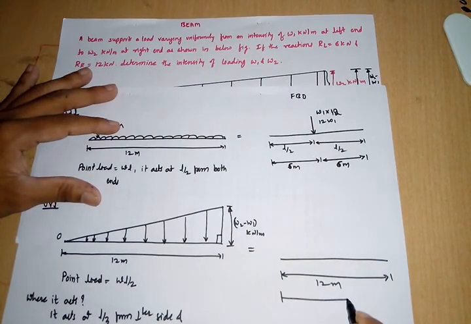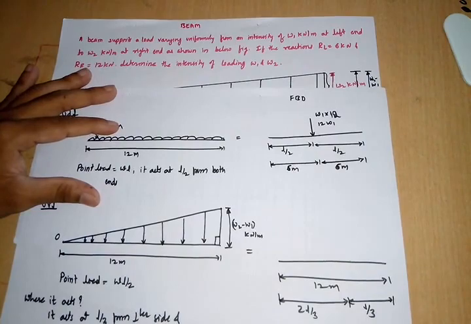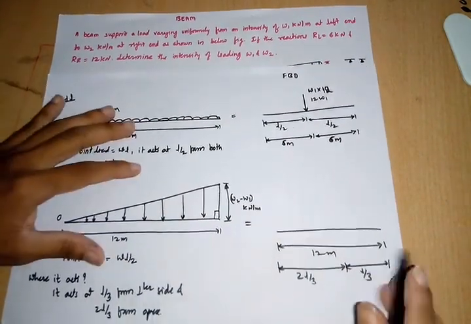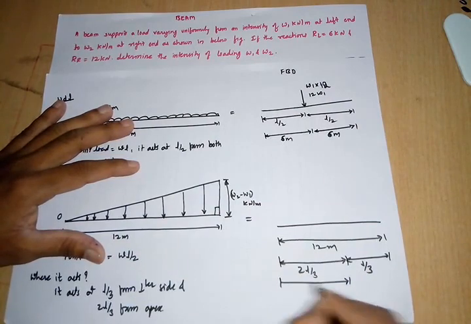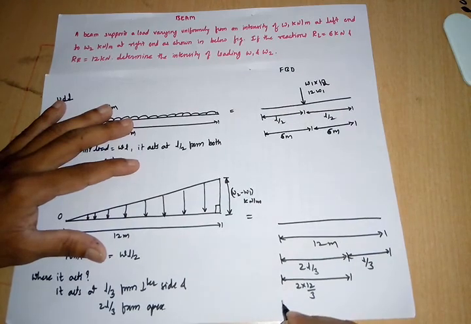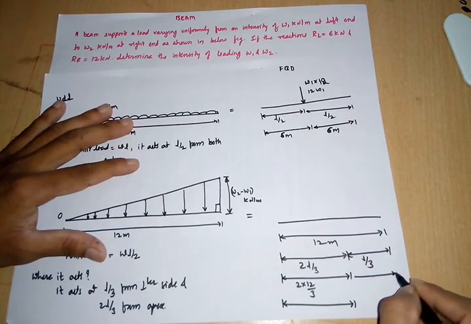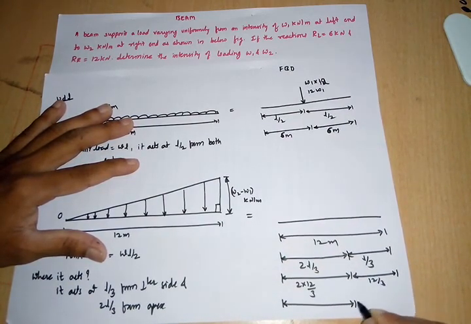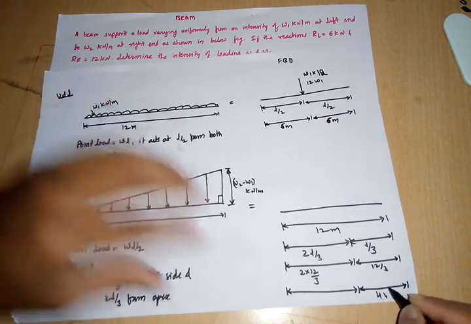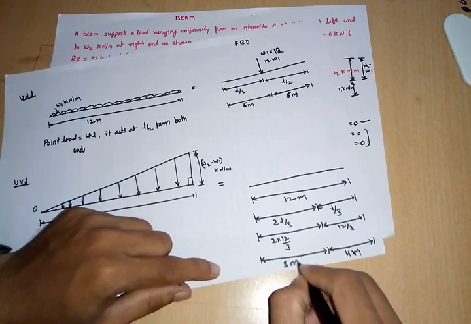It acts at a distance of 2L by 3 from one side, and from the other side it is L by 3. 2L by 3 means 2 times 12 by 3, and the other is 12 by 3. So here it becomes 4 meter, here 4 meter, and this becomes 8 meter.